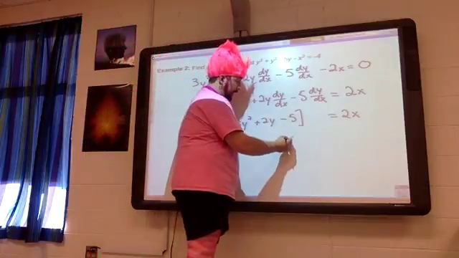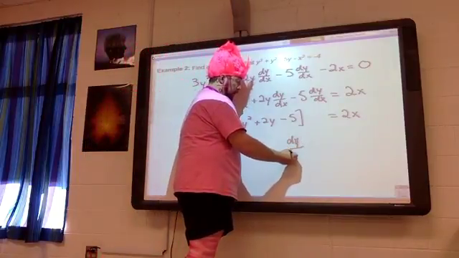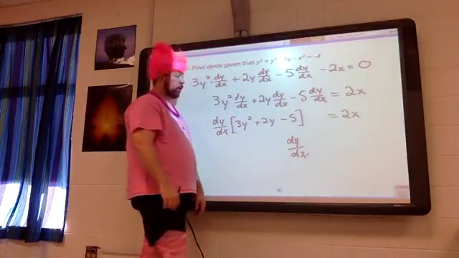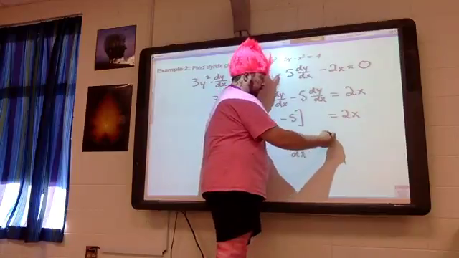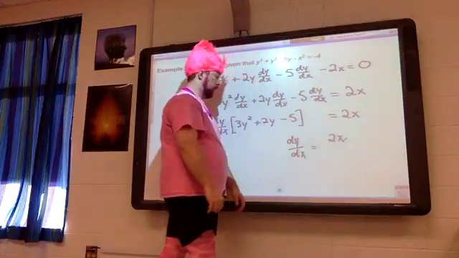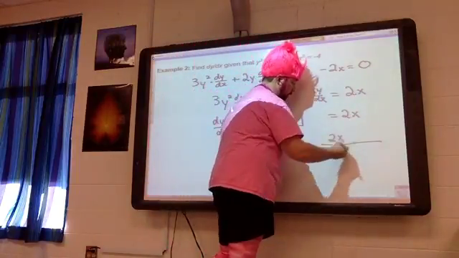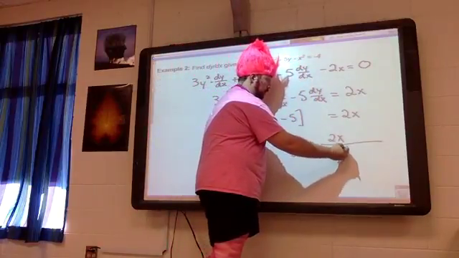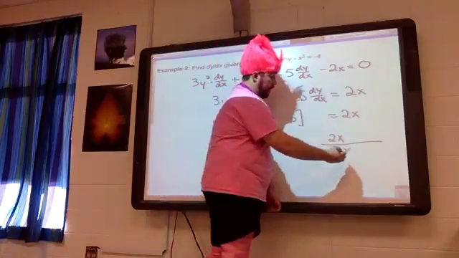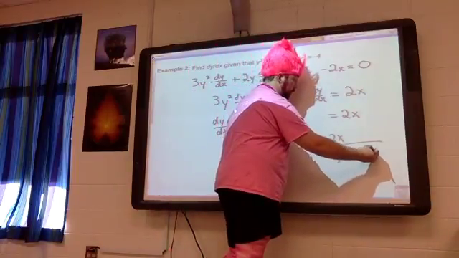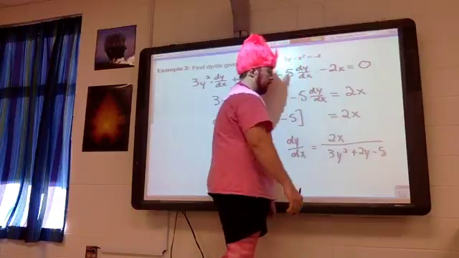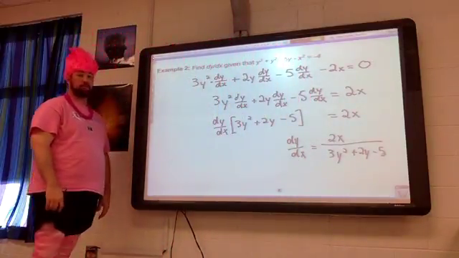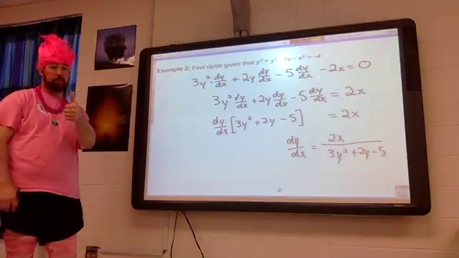So dy/dx, the derivative of y with respect to x for this particular equation, is equal to 2x all over 3y squared plus 2y minus 5. That's it. All there is to it. Easy? Hopefully so.